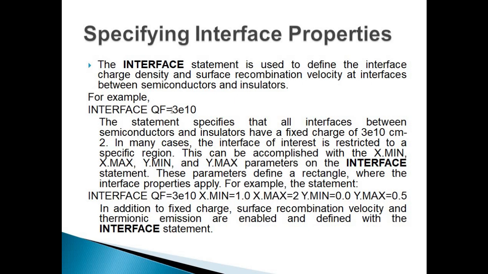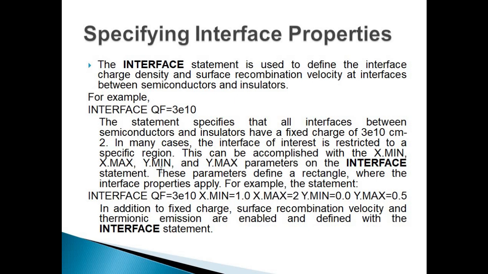In many cases, the interface of interest is restricted to a specific region. This can be accomplished with position parameters: X.MIN, X.MAX, Y.MIN and Y.MAX on the interface statement. These parameters define a rectangle where the interface properties apply.